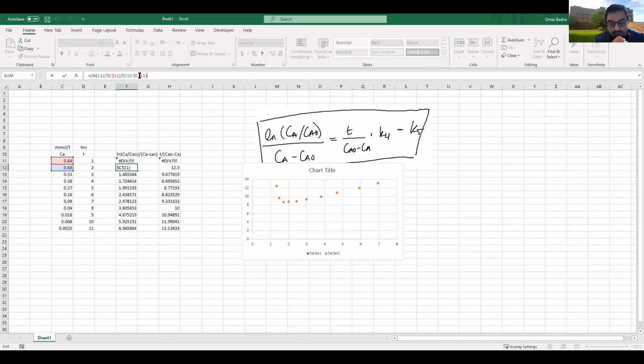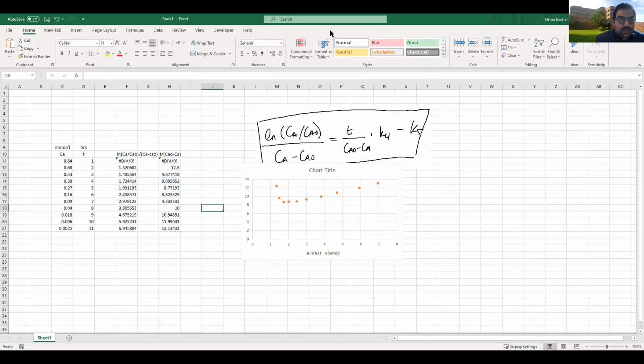Is equal to K4 multiplied by T, divided by CA naught minus CA. Yeah, it looks fine.